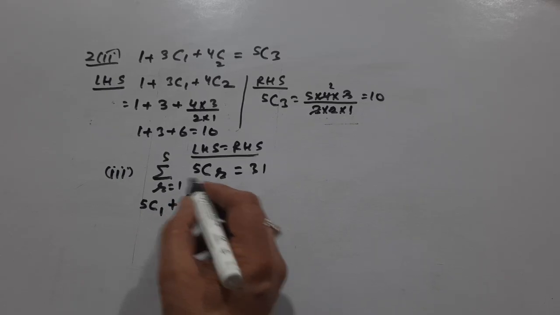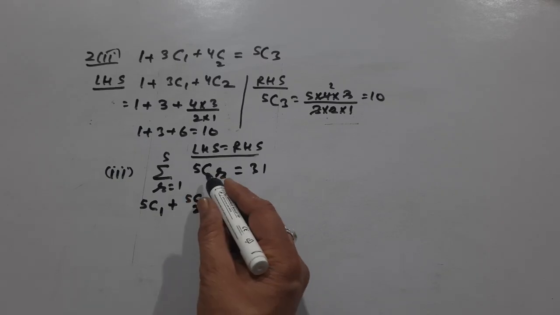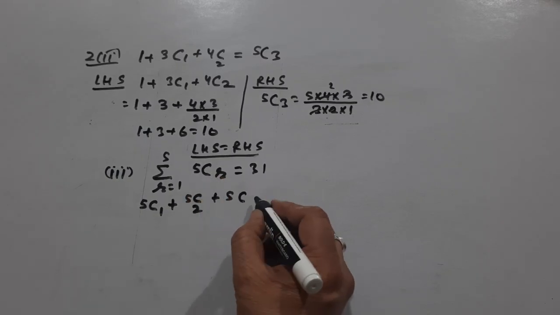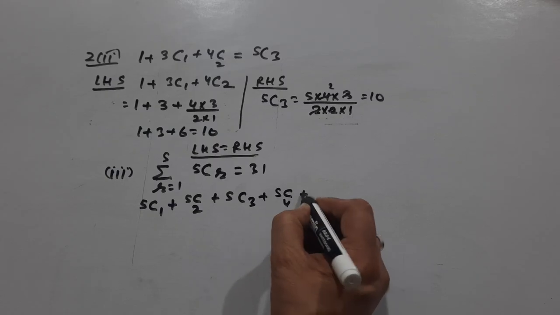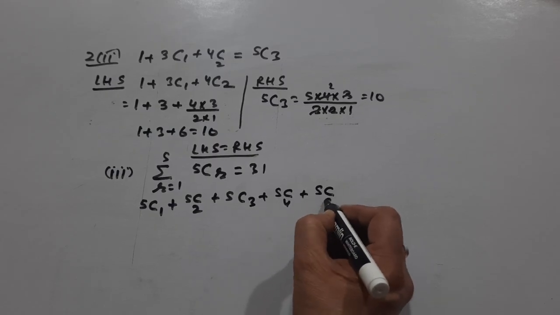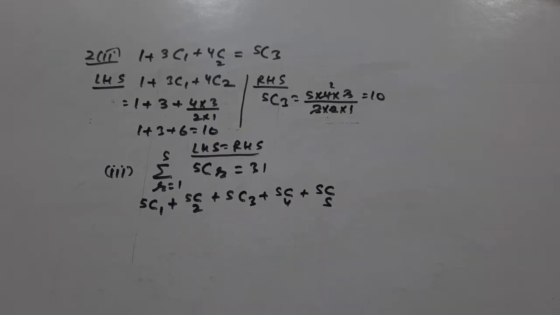So we can write summation r equal to 1 to 5, 5CR as 5C1 plus 5C2 plus 5C3 plus 5C4 plus 5C5.